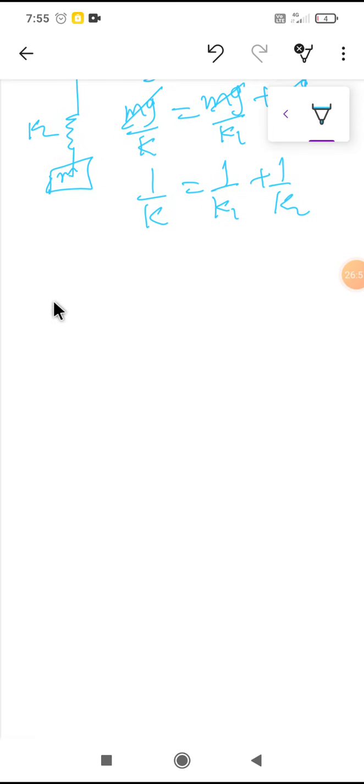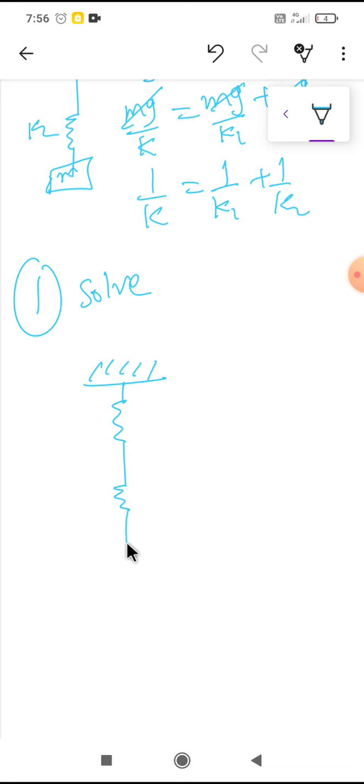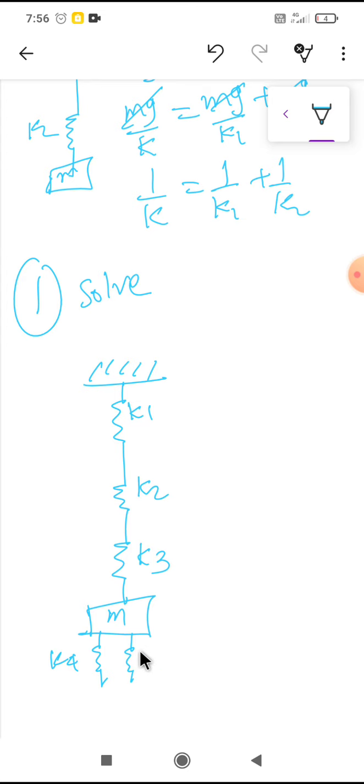So suppose an example is given, let's solve it based on these equations only. There are three springs in series having stiffness k1, k2 and k3, with mass m, and there are two springs in parallel in the opposite direction, that is k4 and k5, and here it is a fixed support.